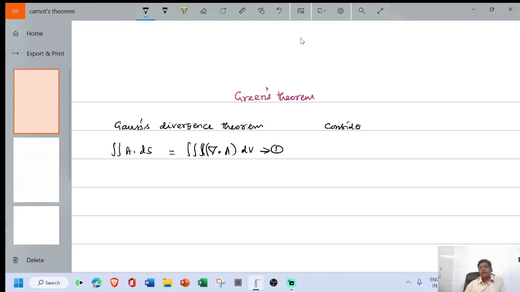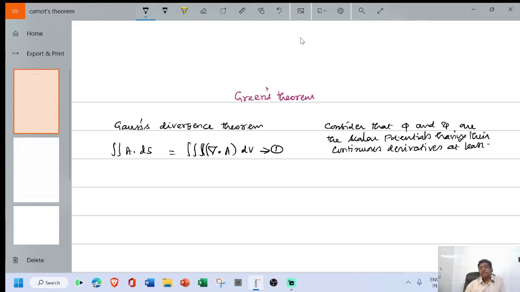Consider that phi and psi are scalar potentials having continuous derivatives at least of second order.